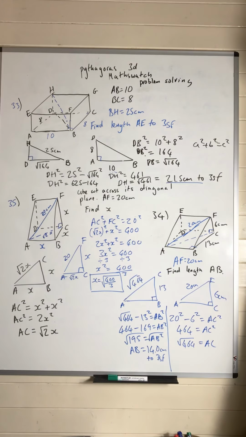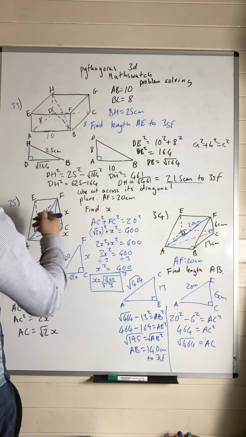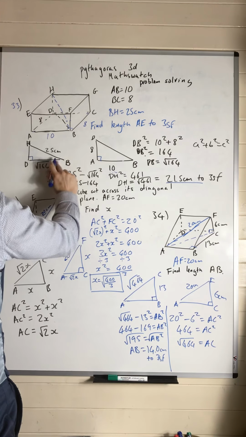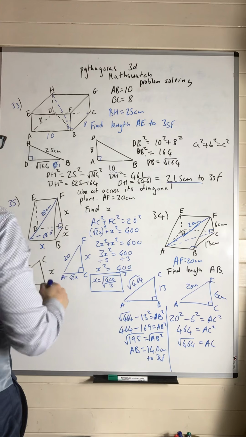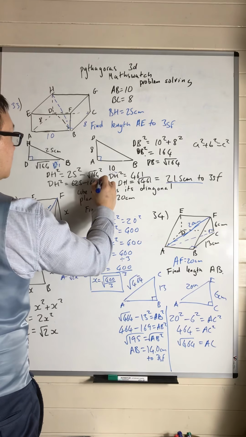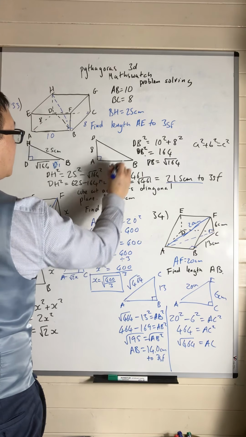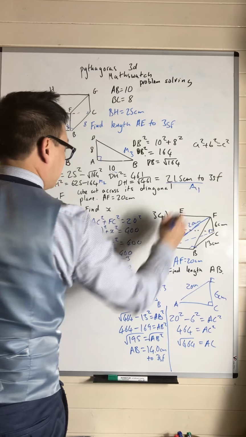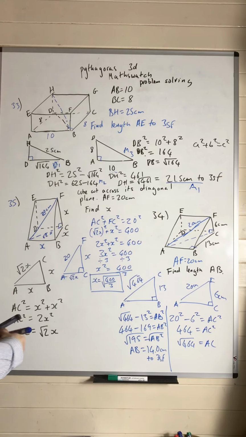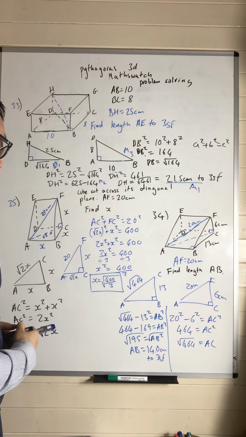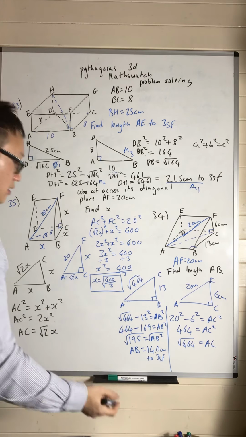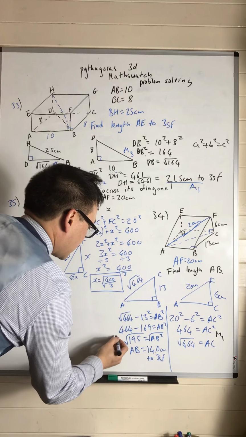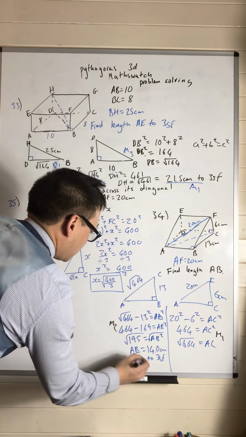I always like to go through marks, so if this is a 3 or 4 mark question, obviously you're going to get the M1 here, probably M2 here, M3 here, and an A1 here. Now this question, probably an M1 for this section, then your M2, then your A1.